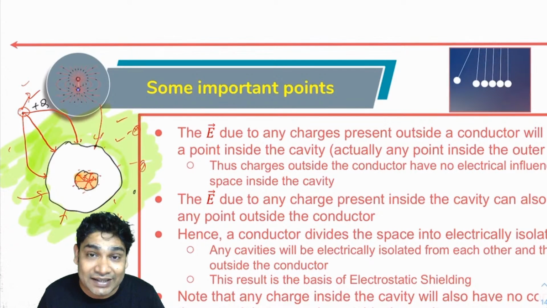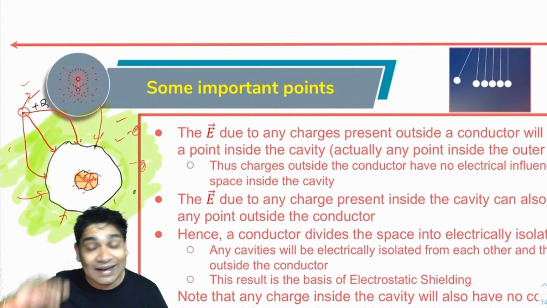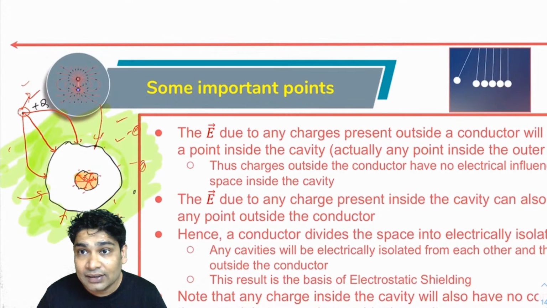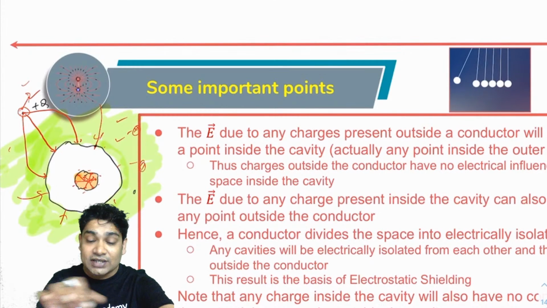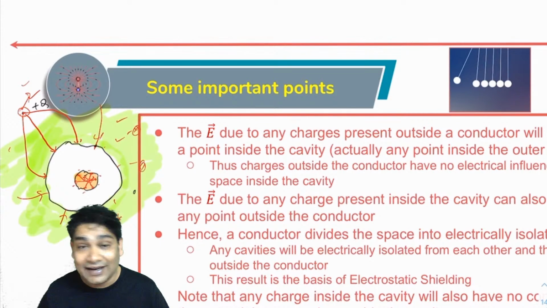Now, electrostatic shielding means that I am shielding something from all the electric phenomena in another region. All right. So you must know about this, that all your watches come with a metallic dial only, always, right? Why does that happen?